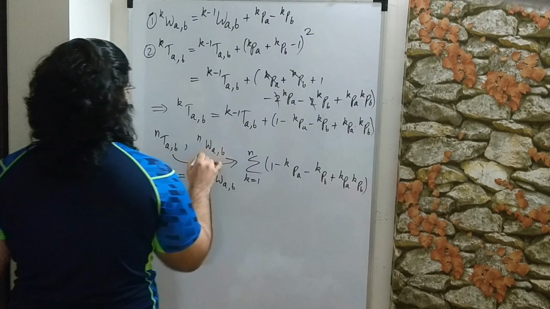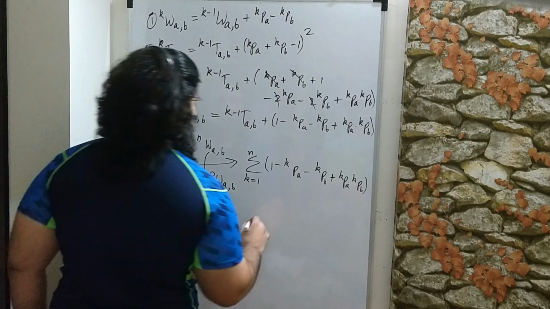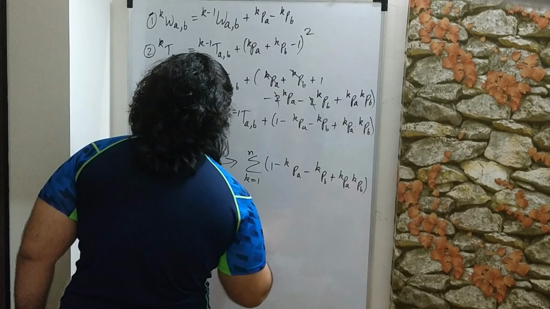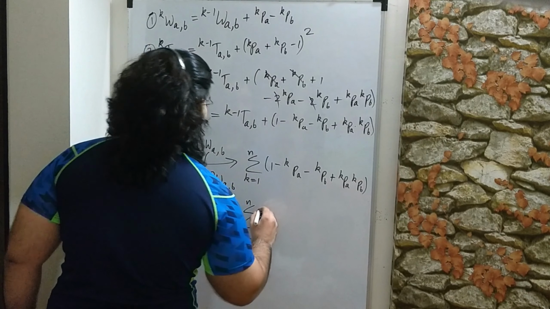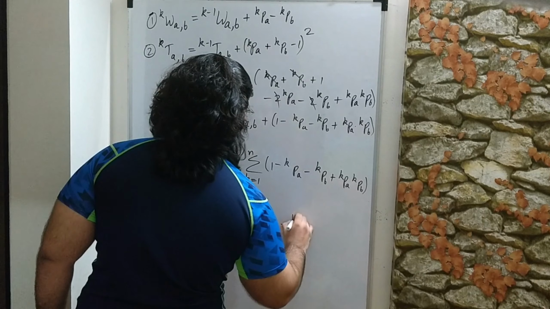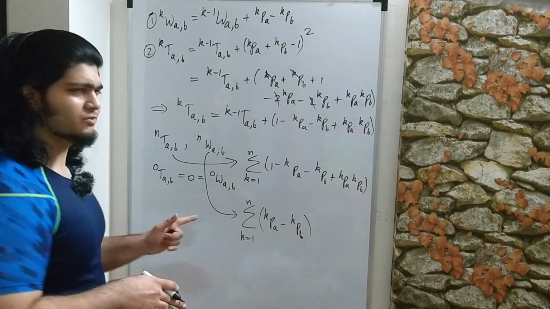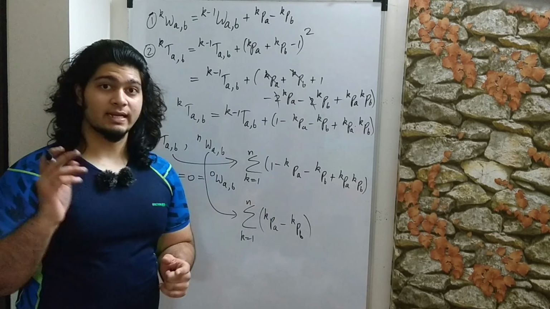And similarly, we can also find a formula for this. So it's getting really messy, but it's fine. Sum over k equals 1 to n of KPA minus KPB. And the justification for these formulae is pretty straightforward. I'll leave it to you.